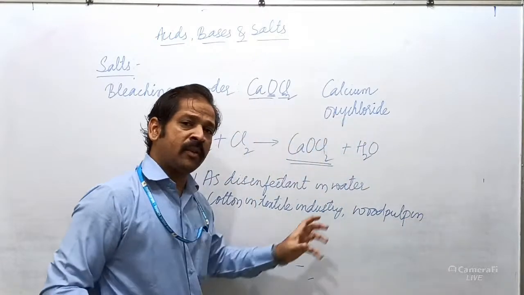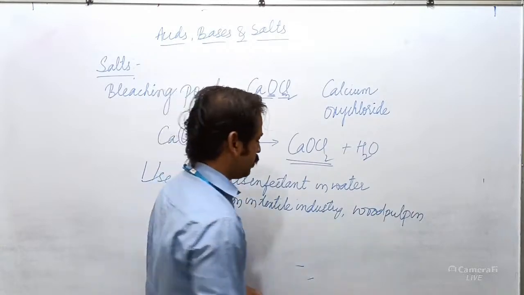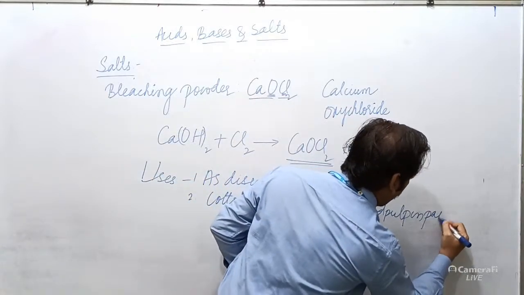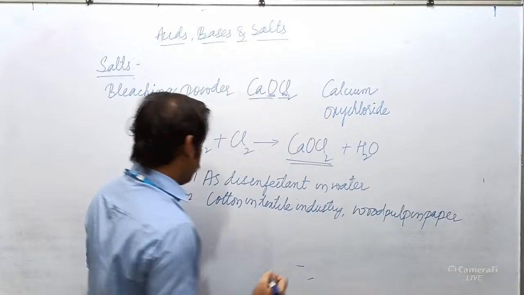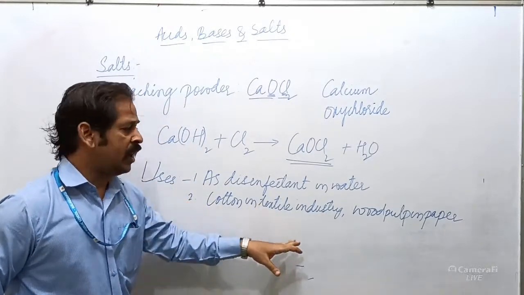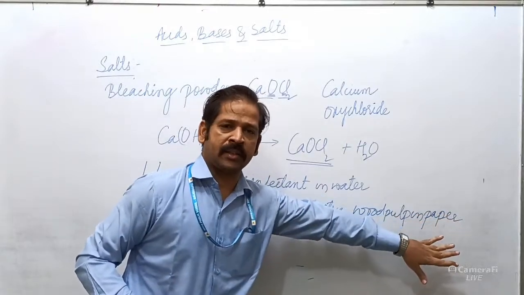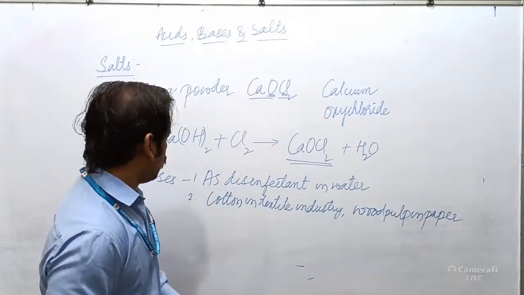I think you have seen wood pulp in the paper industry. It is used to bleach the cotton in the textile industry and to bleach the wood pulp in the paper industry.